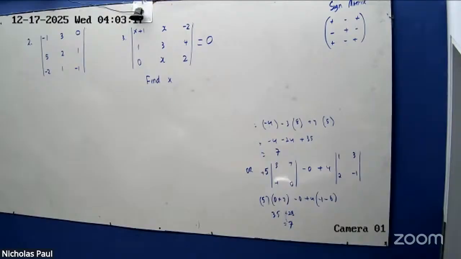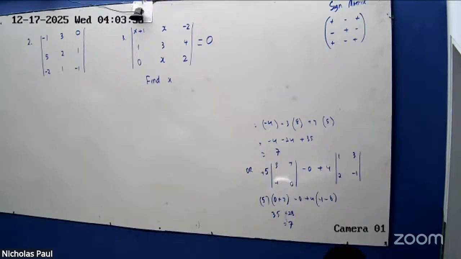What y'all got for number two? How much? Minus 24. What did you get? 12. You're almost there. Divide by minus 2 and still up. Yeah, 6.